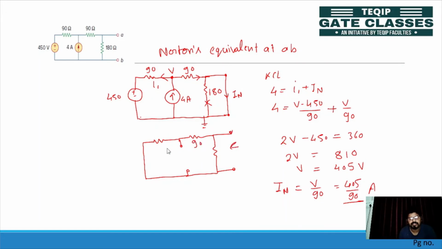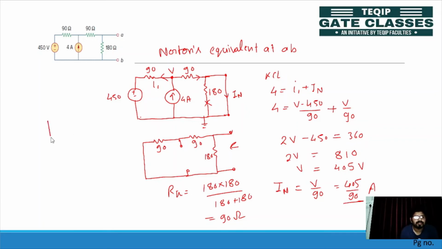This is 90, this is 90, this is 180. So this 90 is in series and this 180 will be in parallel. So your RTH will be 180 into 180 divided by 180 plus 180, that is 90 ohm.